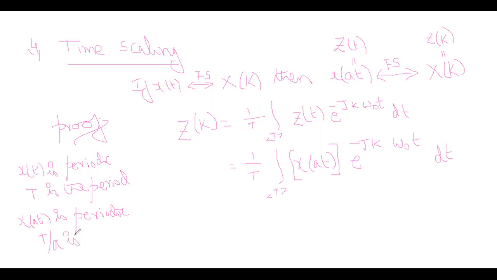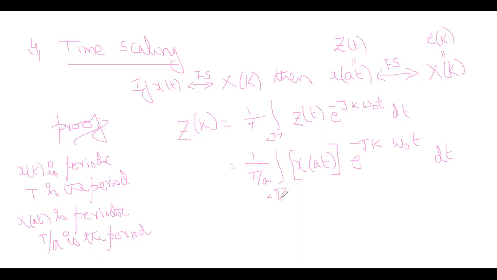T by a is the period. Okay, my dear students, T is the period of x of t, and here the period of x of at is T by a. So now I am changing this to T by a in the denominator, and these limits are also T by a.